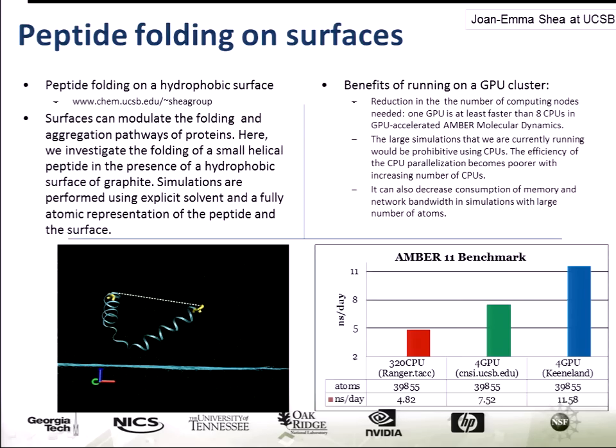You can do the same amount of work on a 4 GPU system that you could do on about 300 CPUs of a system like Ranger at TACC. And so there are very good examples of where GPUs are impacting science and being able to have high throughput science on these systems.